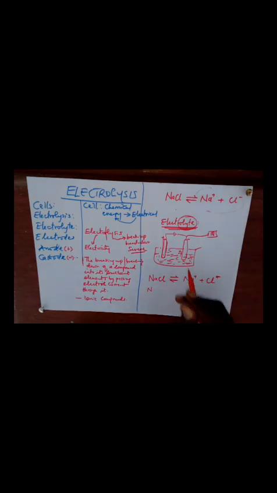But in electrolysis, this sodium ion will gain an electron to become a sodium atom, while the chloride ion will lose an electron to become a chlorine atom. So this is what happens here.